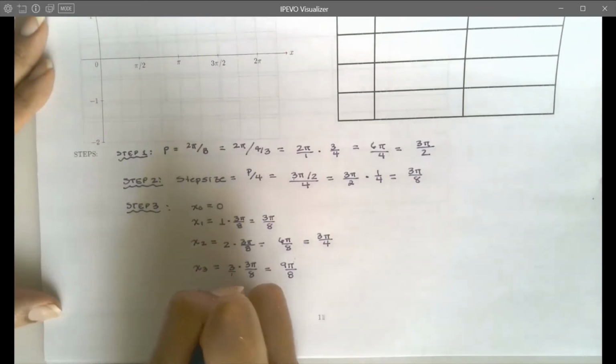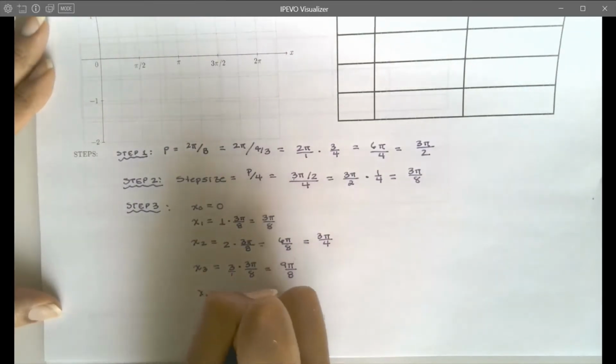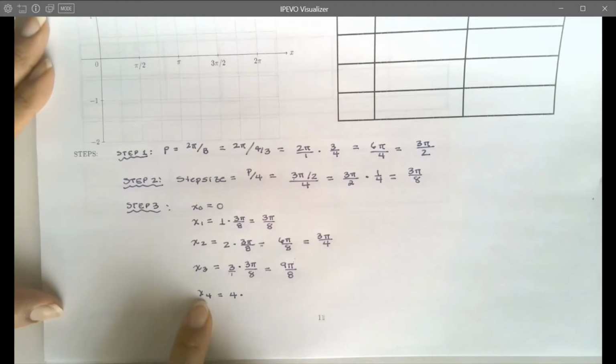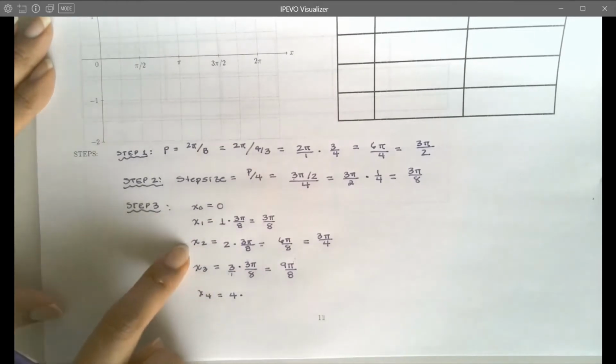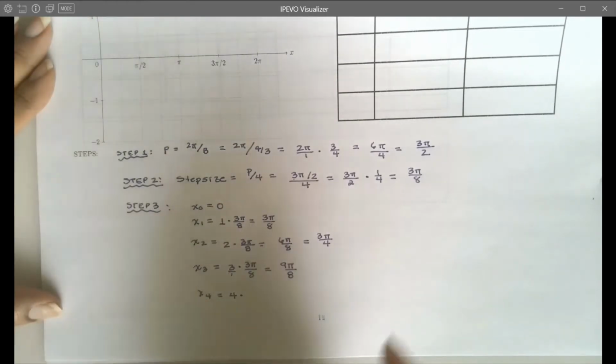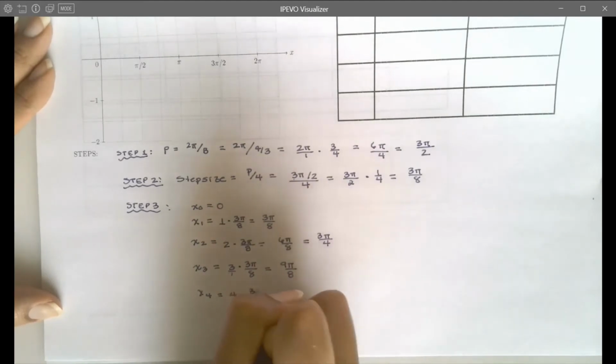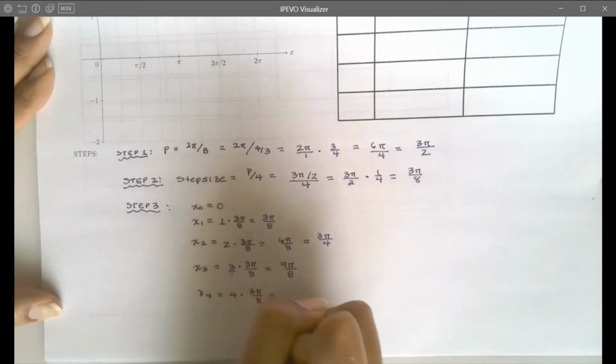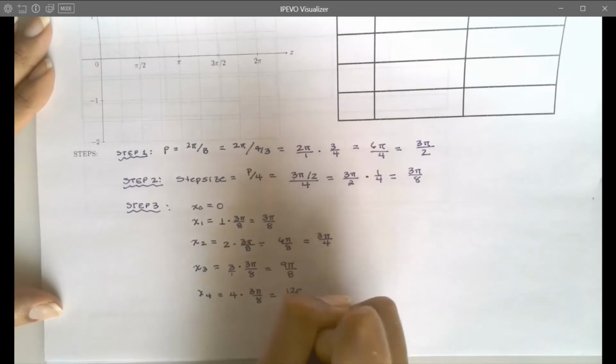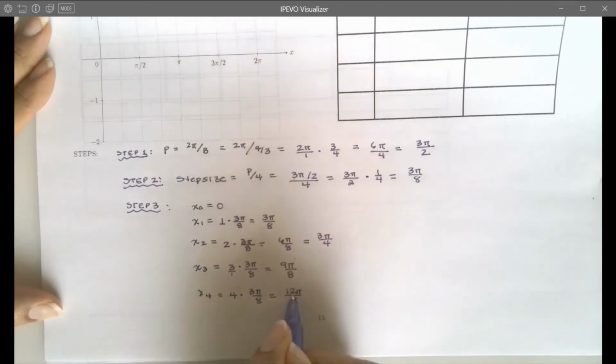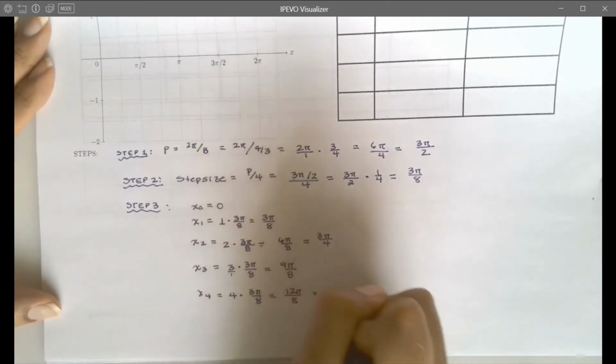And finally, x4, that's going to be basically the last quarter, right? This is the first quarter, second quarter, third quarter, last quarter. 4 times 3 pi over 8 gives us 12 pi over 8, which when you reduce by a 4 will give you a 3 pi over 2.